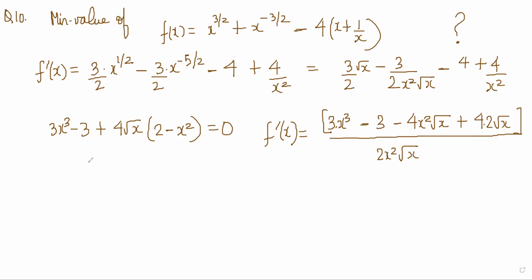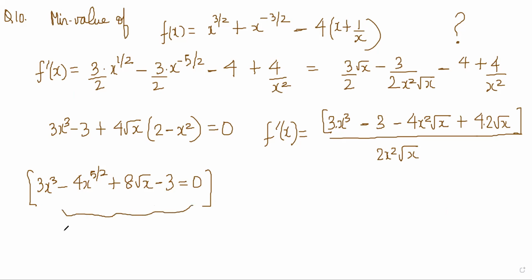Doesn't seem like any obvious solutions coming to mind. So there is a root between 0 and 1, because f dash x is negative at x is equal to 0 and positive at x is equal to 1. However, how will you find it?